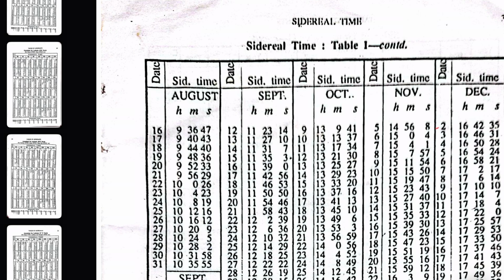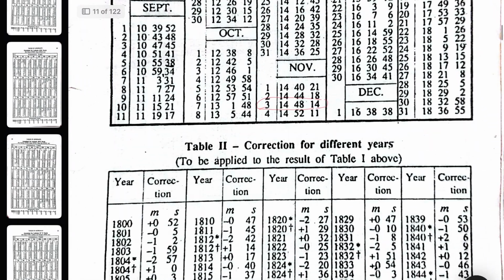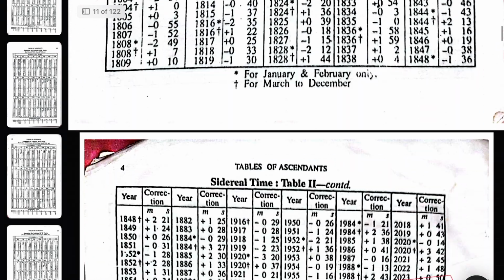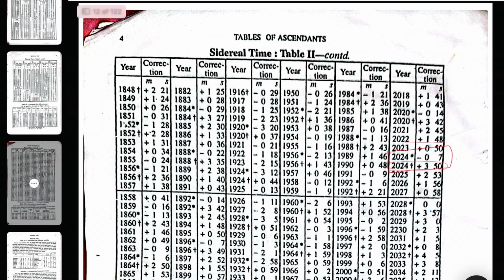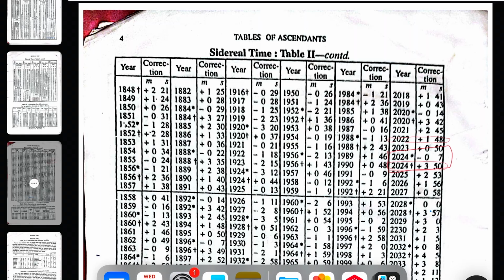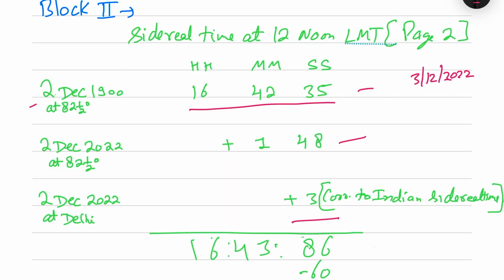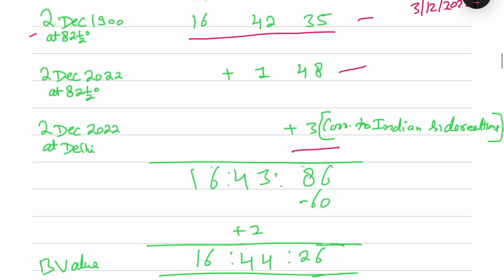So it is 16:42:35. After that, we'll do the correction for the different year, and for the year 2022 it is positive 1 minute and 48 seconds. We also added plus 3, which is the sidereal correction for Delhi. If we add all, we get the B value.